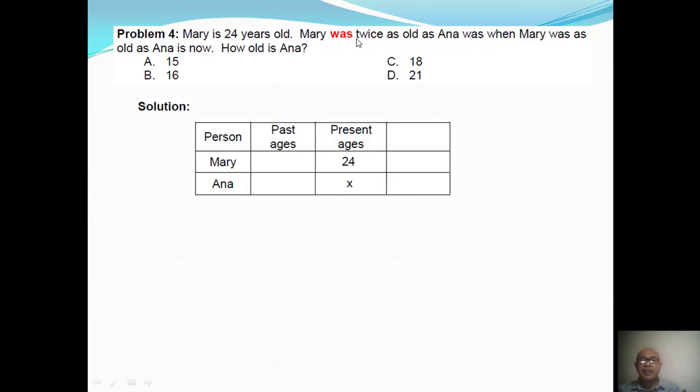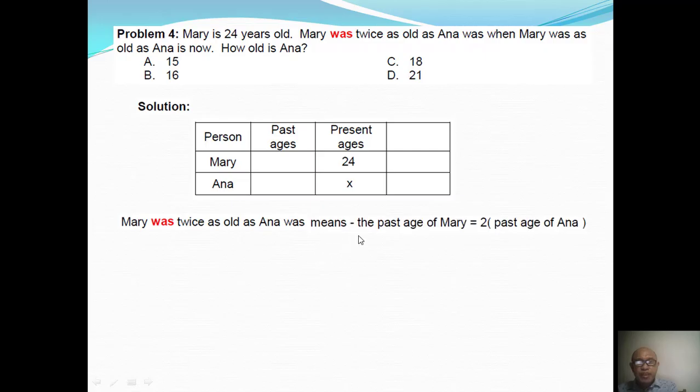But now, the statement, Mary was twice as old as Anna was. Mary was twice as old as Anna was. So, meaning, the past age of Mary is twice the past age of Anna.